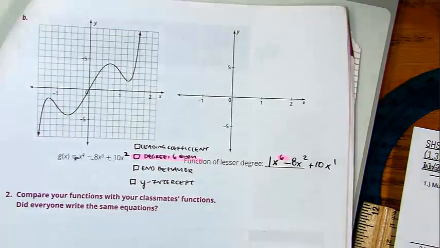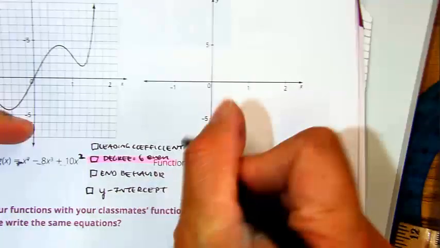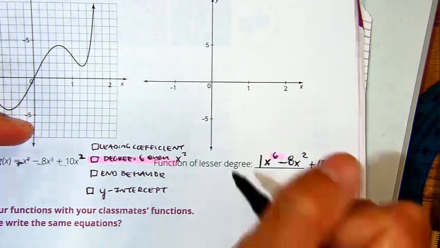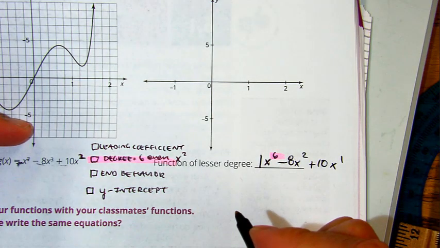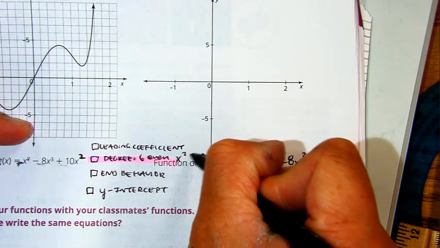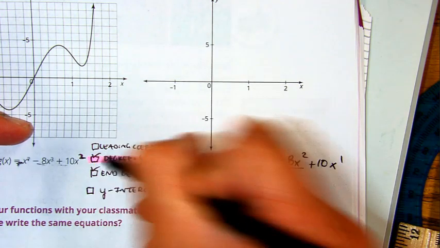Ashley, what is the easiest even you know? And what does that look like? Line or U? U. So this kind of answers both questions, degree and end behavior.